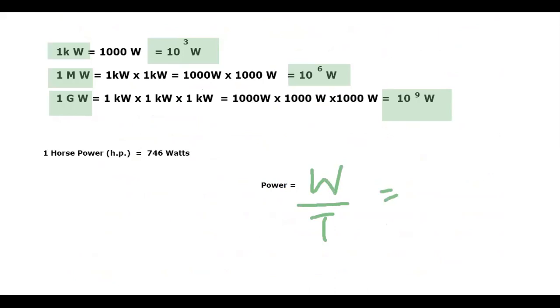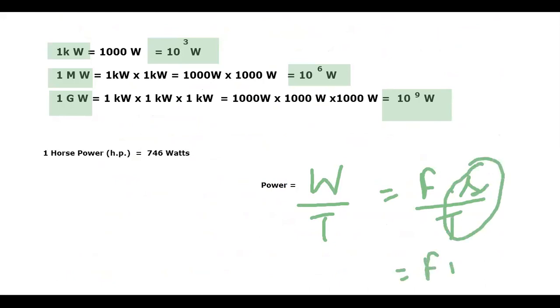And we know work can be written as force into displacement, upon time. So displacement upon time is velocity. Therefore power can be written as force into velocity also. Rather, it will be good if we write F cos theta, but for our syllabus, we'll be using only F into V, force into velocity. Both are correct formulas for our case.